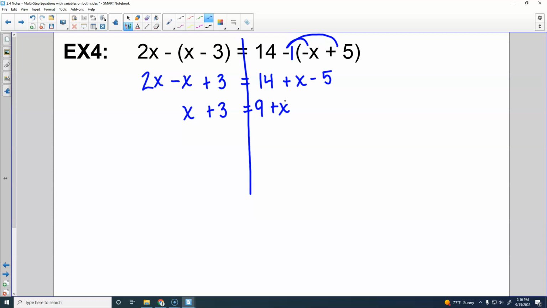Making mistakes here. Did I? 2x, and this is a minus 1x. So when you combine that, it'll give you a positive 1x. You can put the 1 in front of the x if you want, but you don't have to.